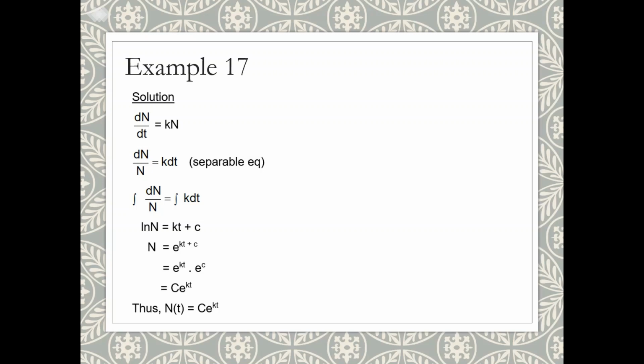By using the power rule, the right side can be represented as e to the power of kt multiplied with e to the power of c. As e to the power of c is a constant, we can represent this using another symbol, for example, capital C. You can also use other symbols, for example, A and so on. Therefore, the formula for the growth and decay problem is given by N(t) equal to C e to the power of kt.